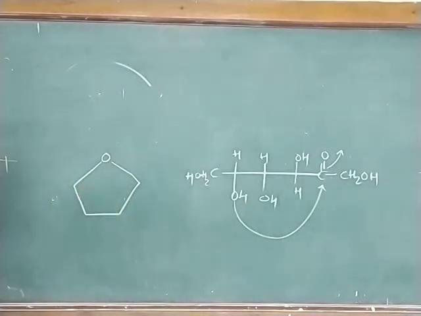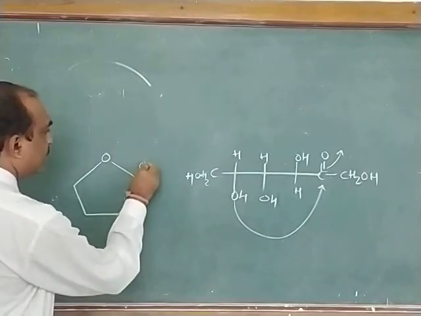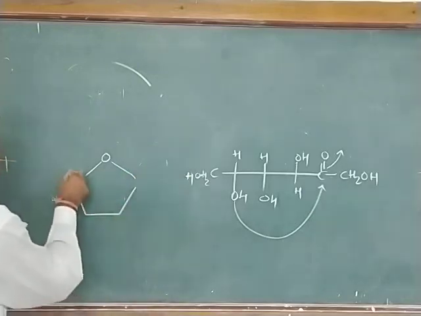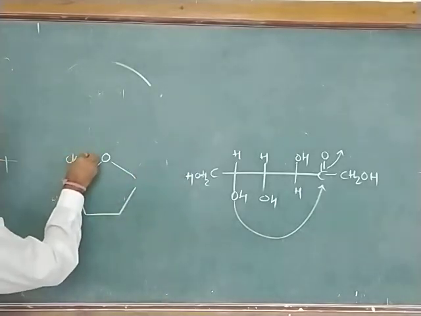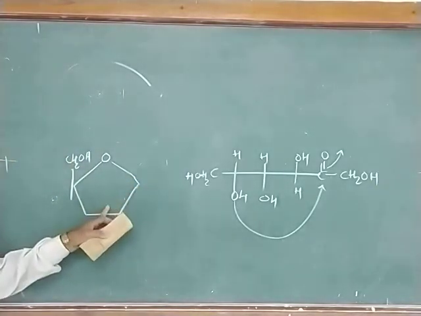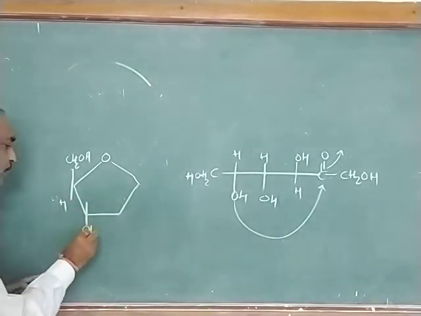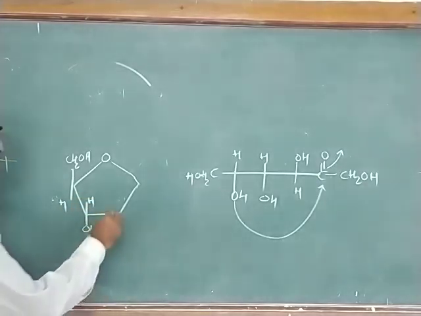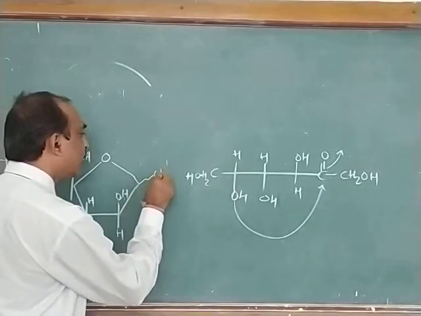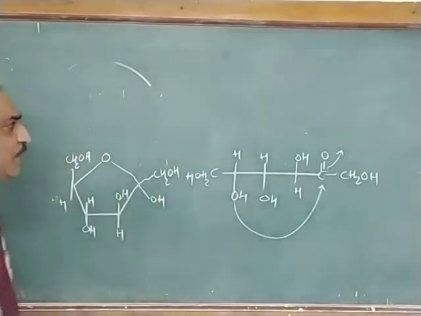Then, what you have to do is write CH2OH. Here is the CH2OH. We have to start from this side, CH2OH, then here is the H, then here is the OH and H, and here is the OH and H, and this position OH, or this is the CH2OH.